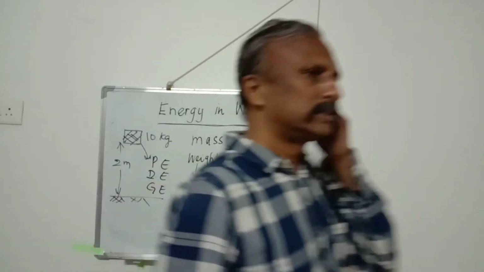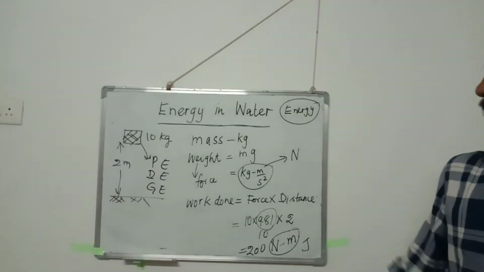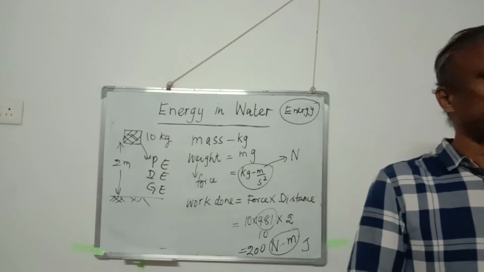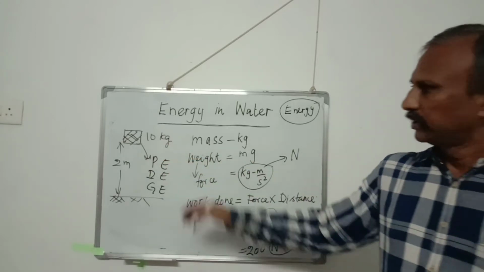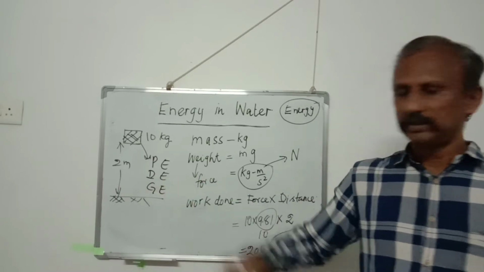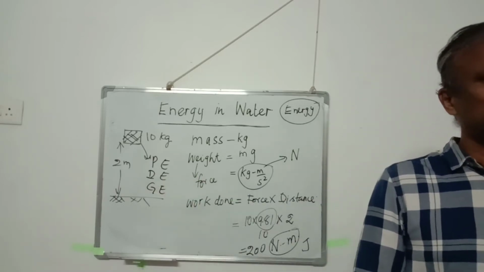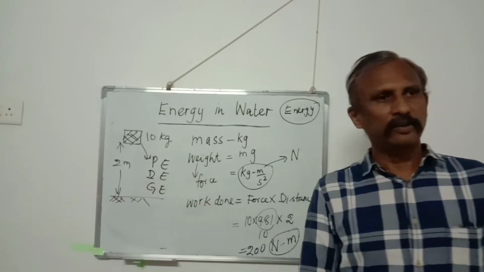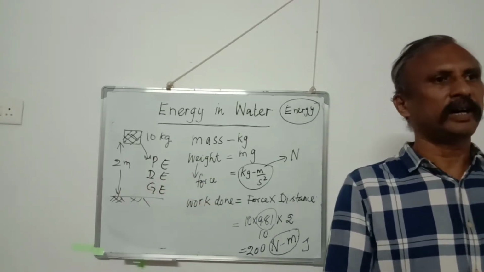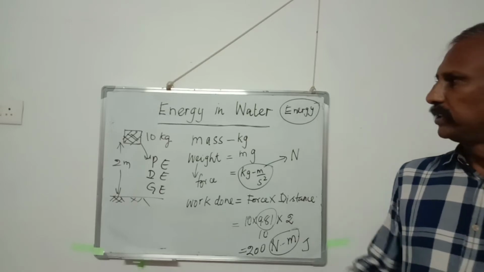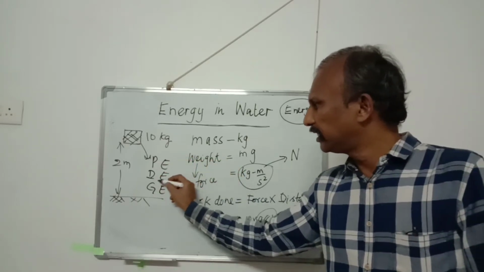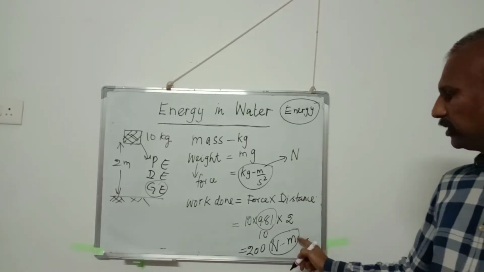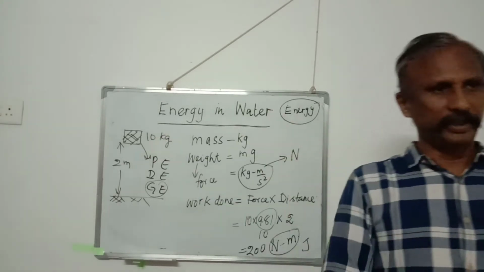Different books follow different kinds of terminologies. I feel the latest term that is used is gravitational energy, and I will always be using the term gravitational energy. So the gravitational energy possessed by the body is 200 Newton meter.